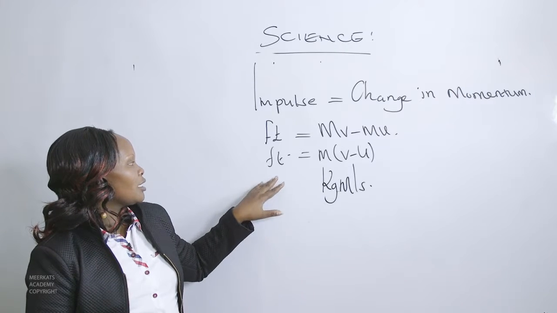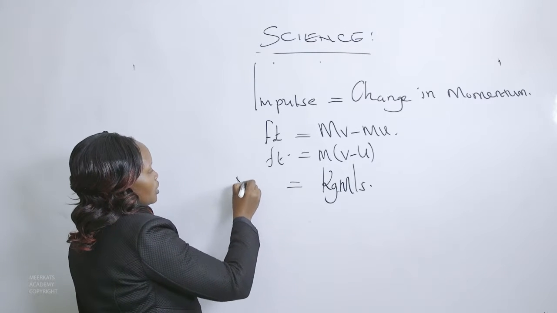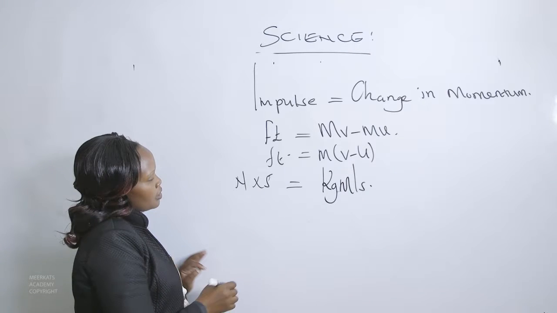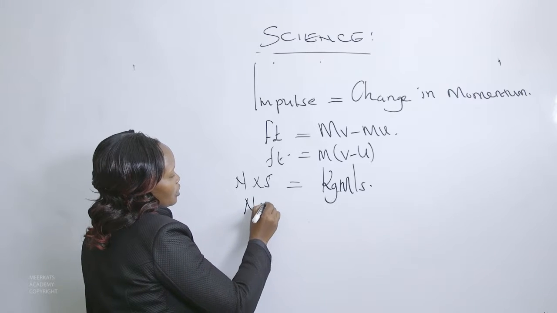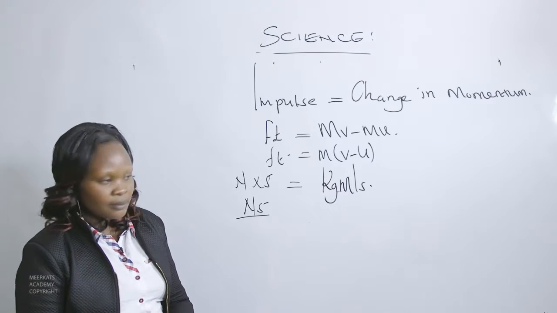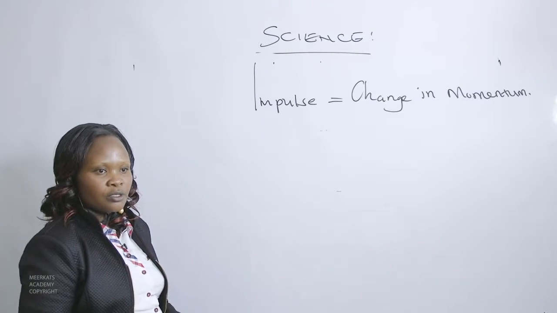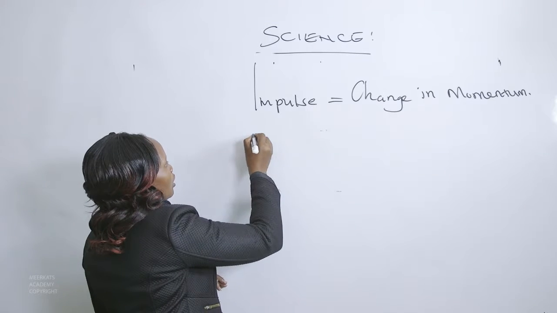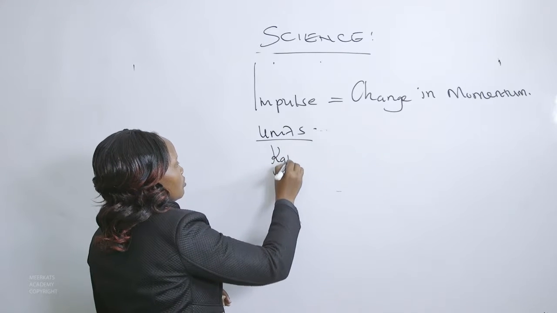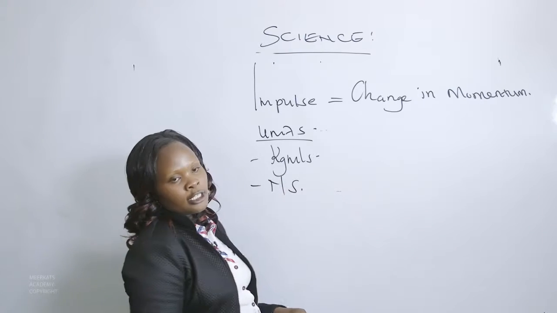From the left-hand side, we have force, measured in newtons, multiplied by time, measured in seconds. Therefore, the second unit could also be newton seconds. So if anybody requires you to come up with units of impulse, you could give kilograms meters per second or simply newton seconds.